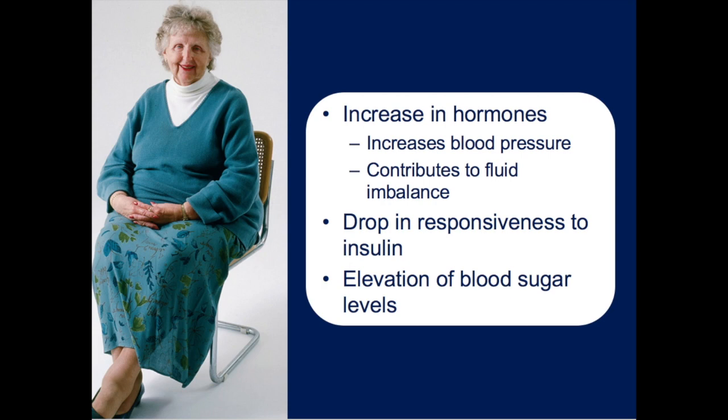And these hormones, remember, are responsible for a lot of vasoconstriction and can increase your blood pressure. And then in addition, the patient's ability to produce and regulate renin and aldosterone, which remember are responsible for fluid balance in the kidneys, can also become deranged and can cause high blood pressure.